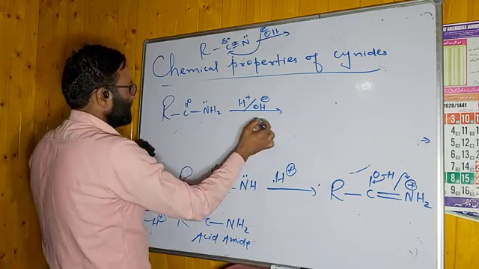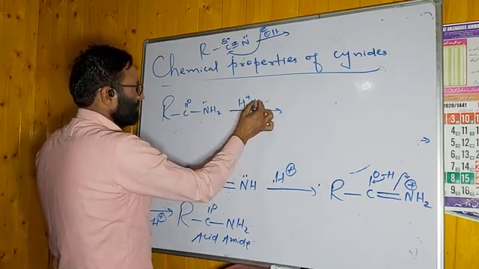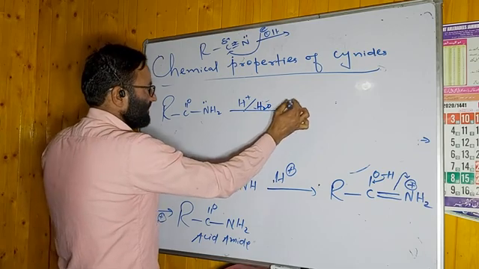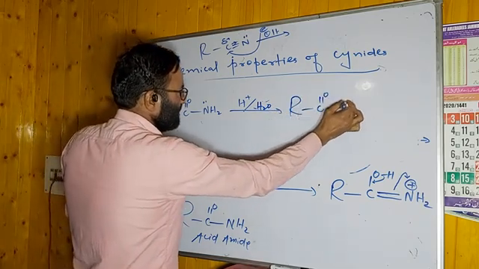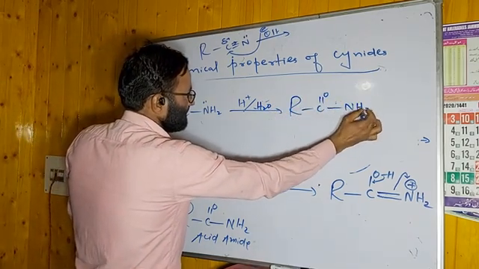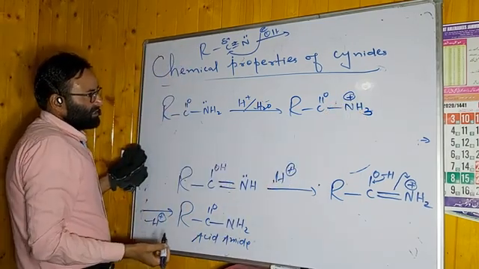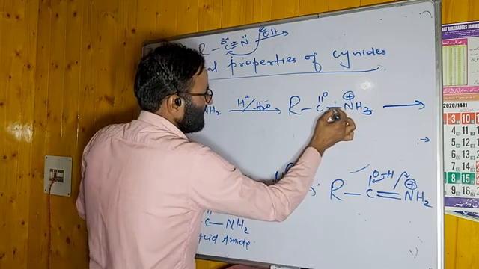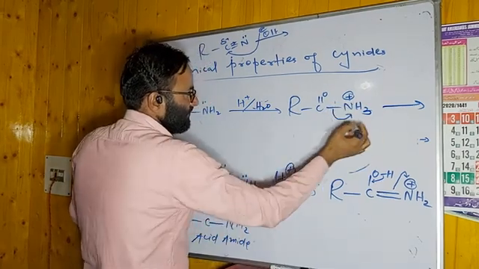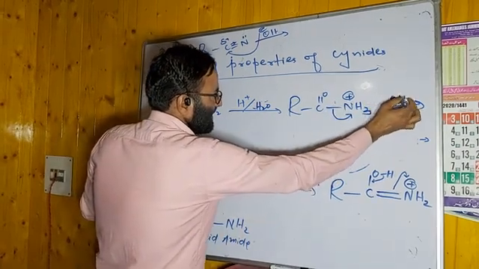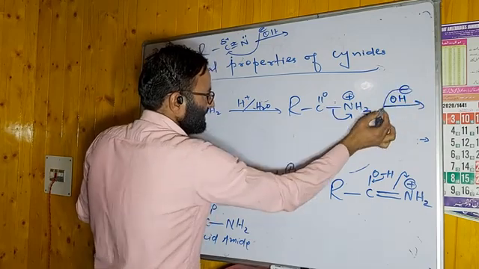Where further protonation happens, in acidic hydrolysis, what will happen? R-C double bond O-NH3, it will be charged plus. Can nitrogen sustain charge? No. What will happen? OH minus from water will come and attack this.